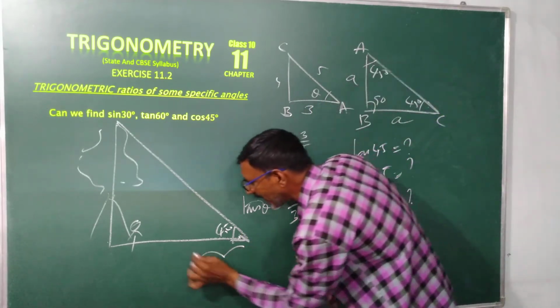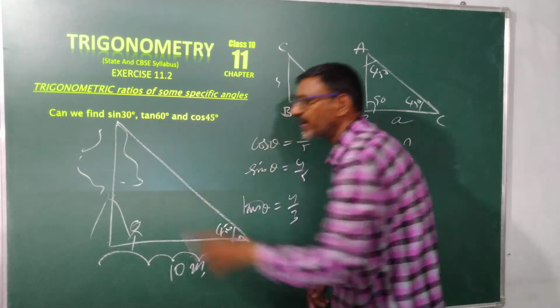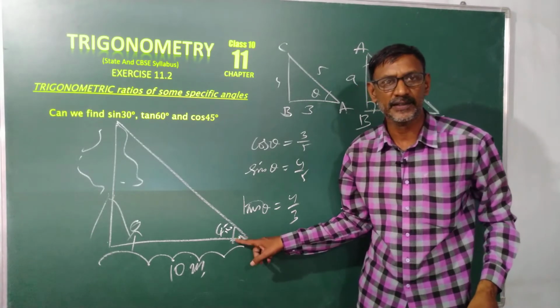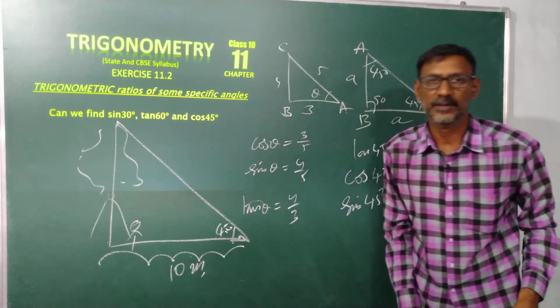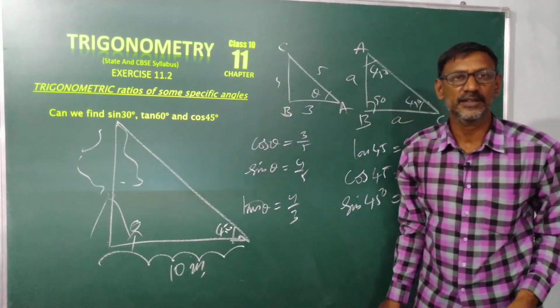I will measure this length. This is 10 meters, no doubt. When we go away from this tree to make 45 degrees, this distance must be equal to this distance.